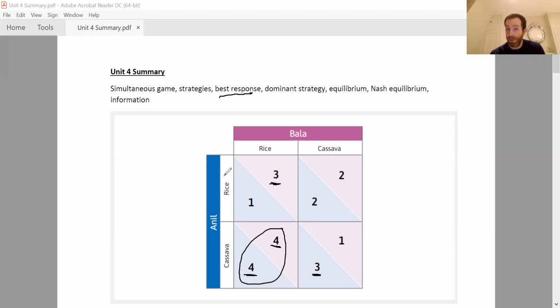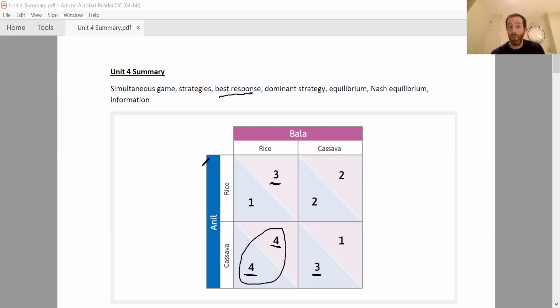So they each know what the other person's options are, their strategies are. And the second part of it is they each know not only what payoffs they would get from each set of outcomes, they also know what payoffs the other player would get from each set of outcomes. So we have to assume that they know all of that in order to analyze the game like this, right? If there was some imperfect information, if Anil or Bala didn't know that one of them had another strategy or didn't know the other one's payoffs, then we wouldn't be able to come up with a neat solution like this at all.